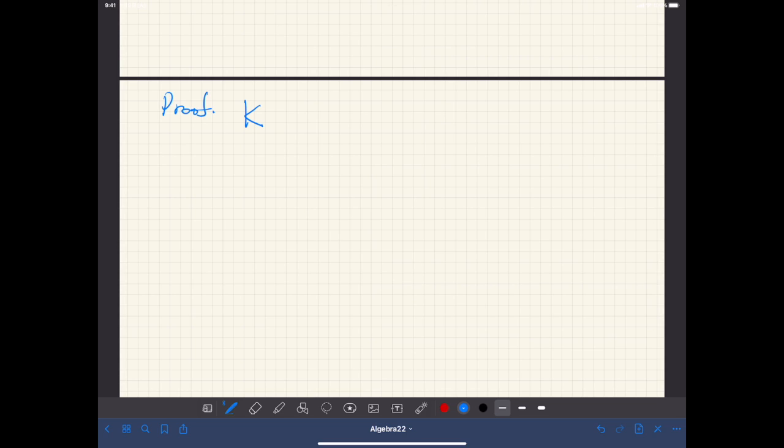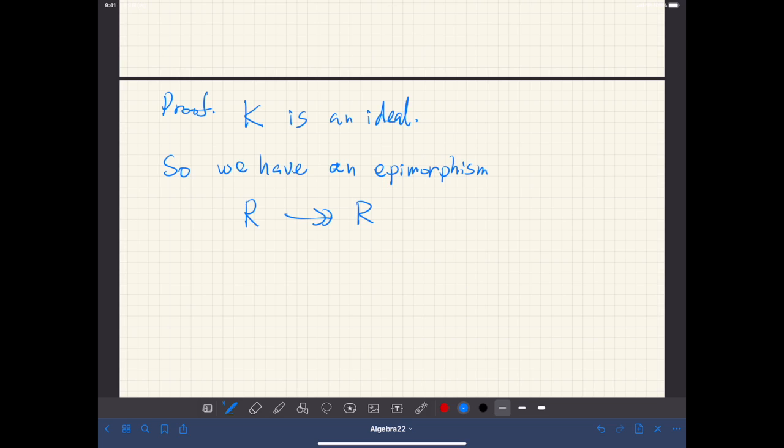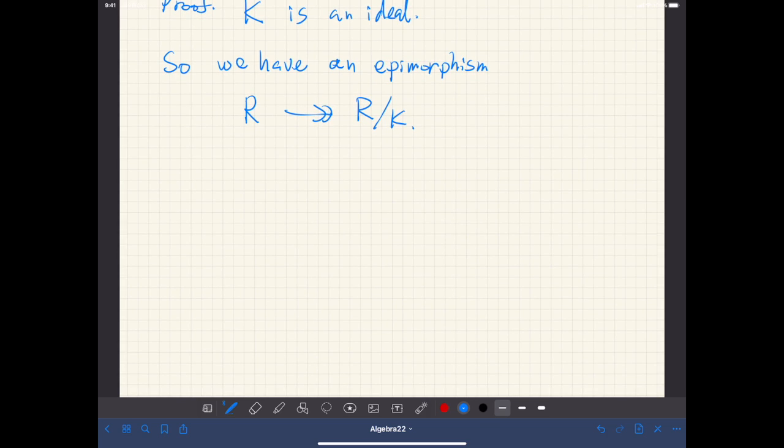First of all, this kernel K is an ideal. And so we have an epimorphism from R to the factor ring R by K. Let's summarize in a diagram.